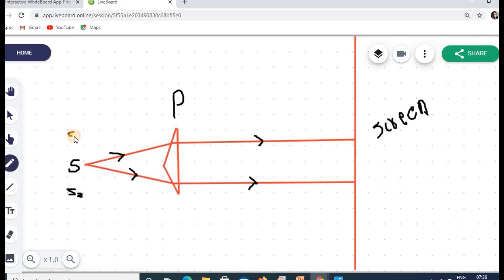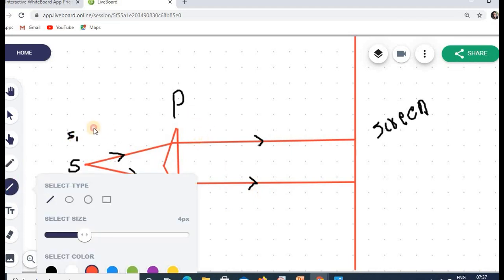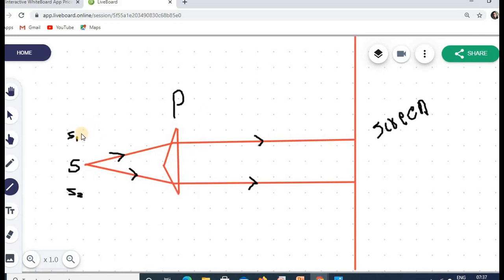Here I have a virtual source S1, and here a virtual source S2. I'm drawing it this way and I'll explain it to you later. The light from the next source.